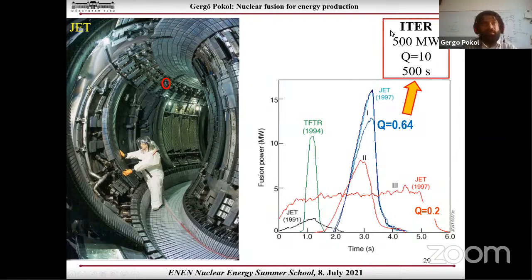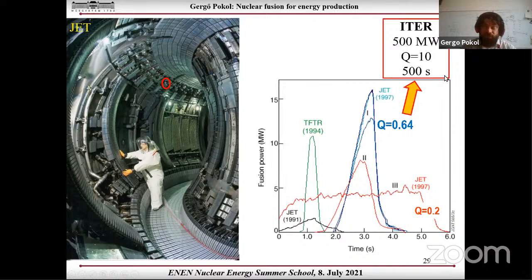And the next machine, ITER, will do way better. The aim is to produce 500 megawatts of fusion power with an energy multiplication factor of 10, which means that only 50 megawatts of heating power will be needed.